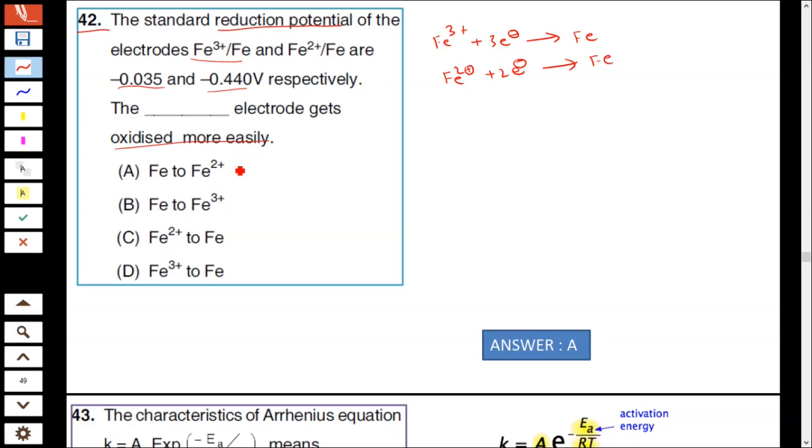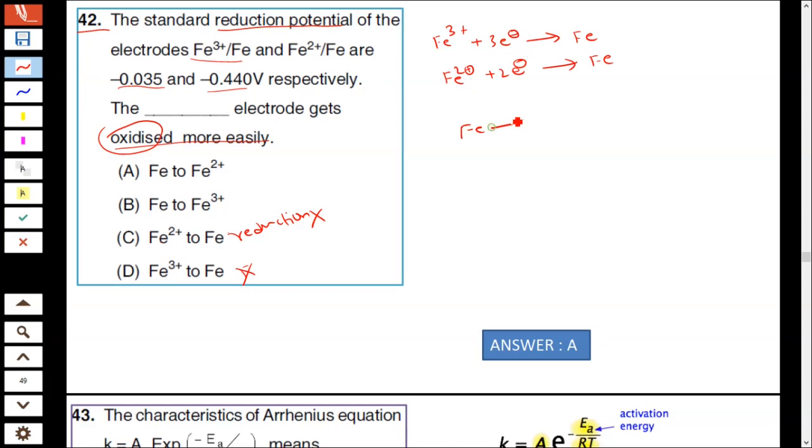In this question, they are asking about oxidation. Here Fe2 plus becomes Fe, which is a reduction. Hence option C is ruled out. Fe3 plus becomes Fe, which is also a reduction. Hence option D is ruled out. And oxidation is Fe becomes Fe2 plus.